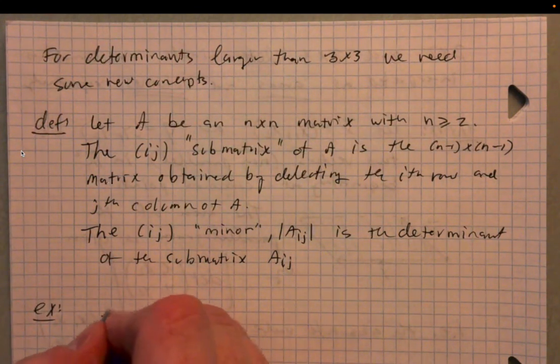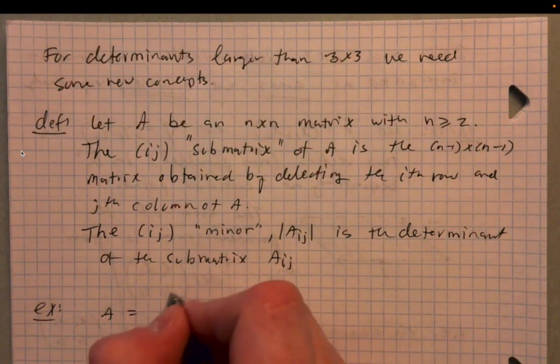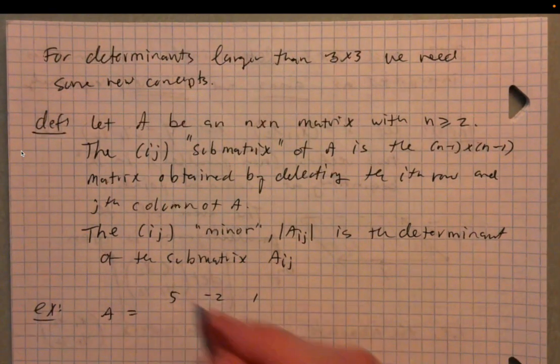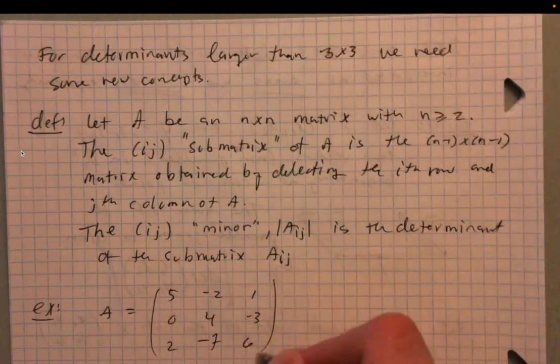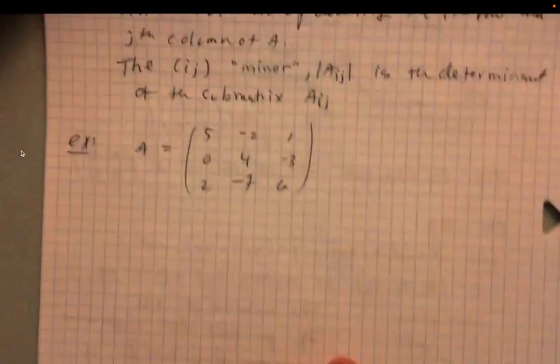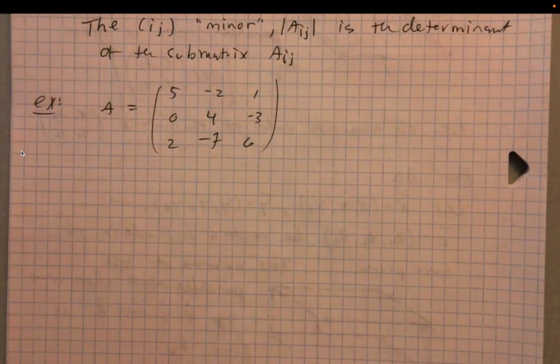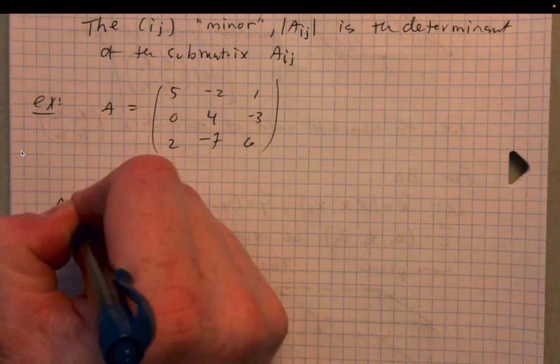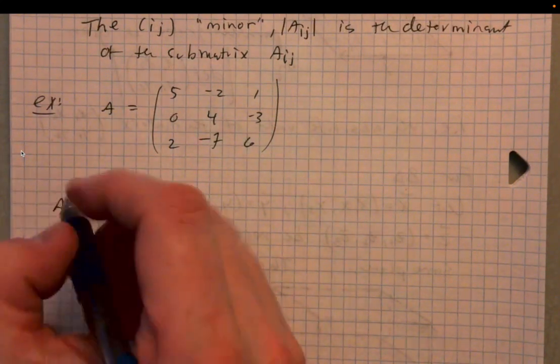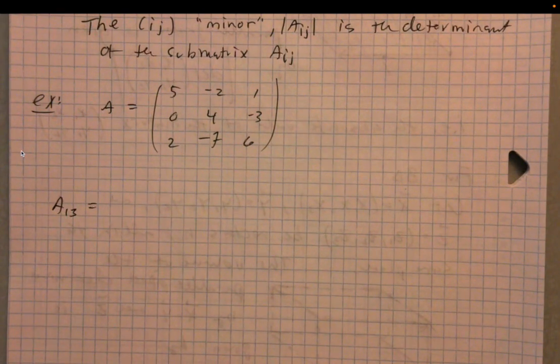Let's say I'm given the matrix 5, -2, 1, 0, 4, -3, 2, -7, 6. So I've got this 3 by 3 matrix. We're just going to go 3 by 3 because otherwise it's too much writing. So if I want to write the A13 submatrix, what is that?